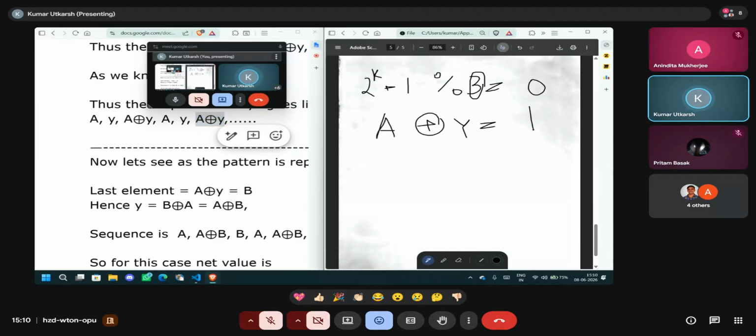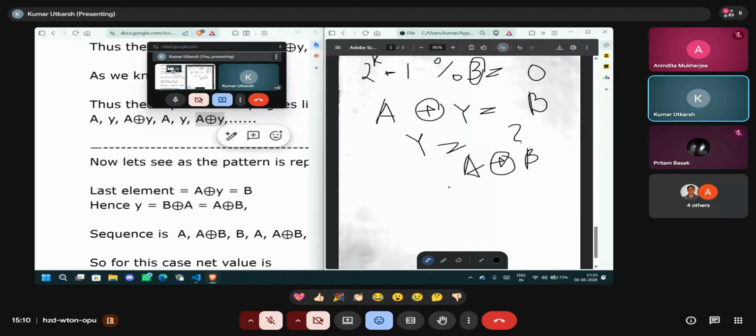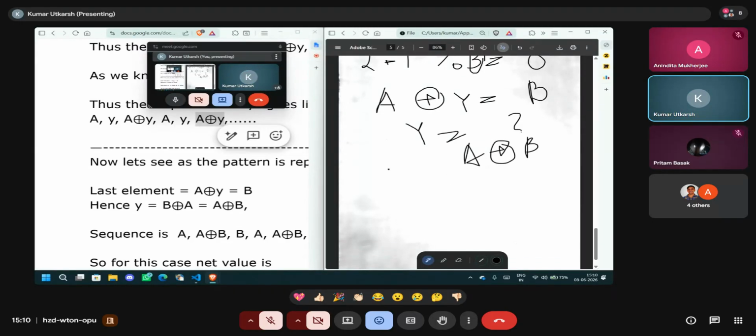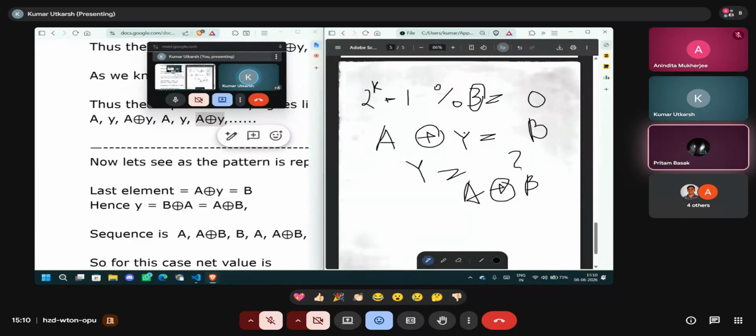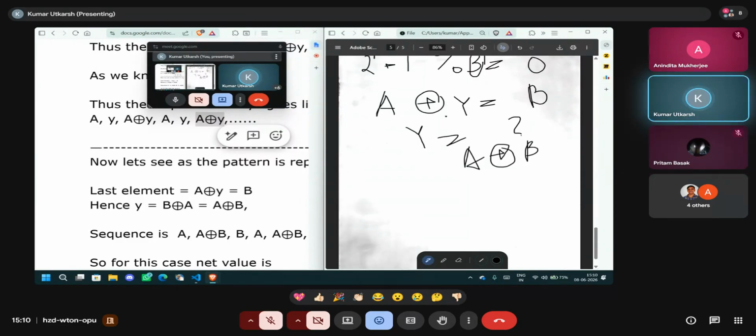And we know the last value is B. Hence, to get Y, what do we do? To get Y, we do A XOR B. Did you get it? So you understood this modulo concept. Alisha, if you also have doubt, you can ask.